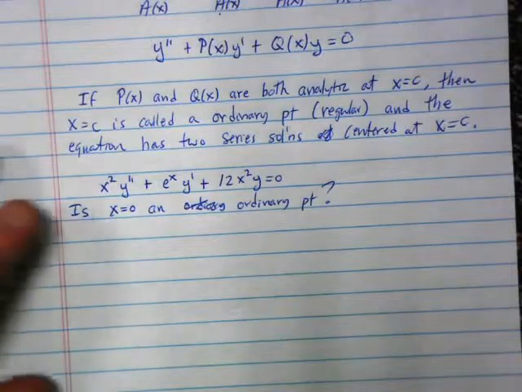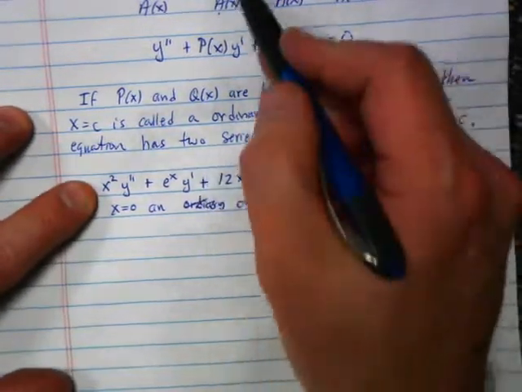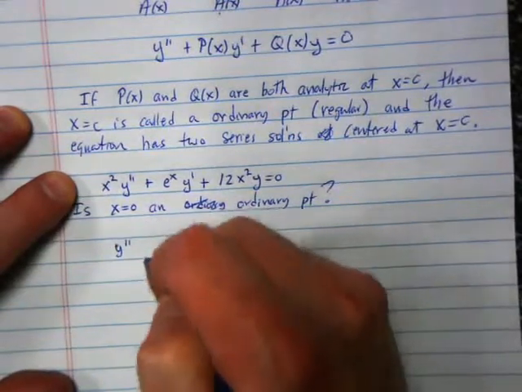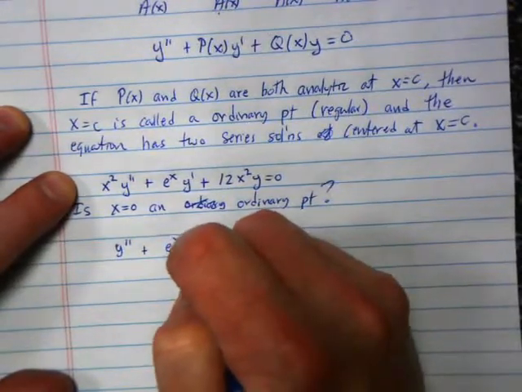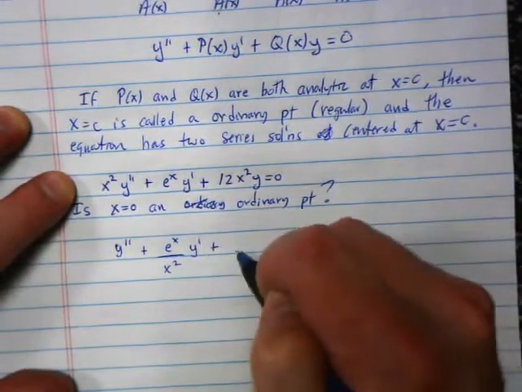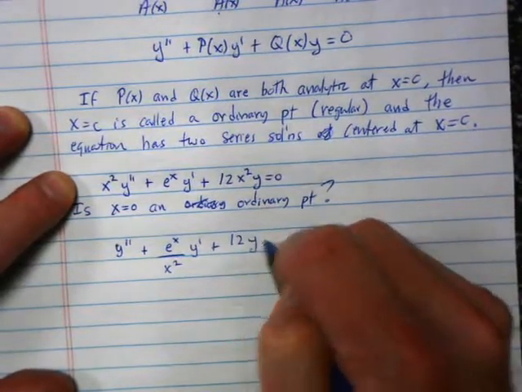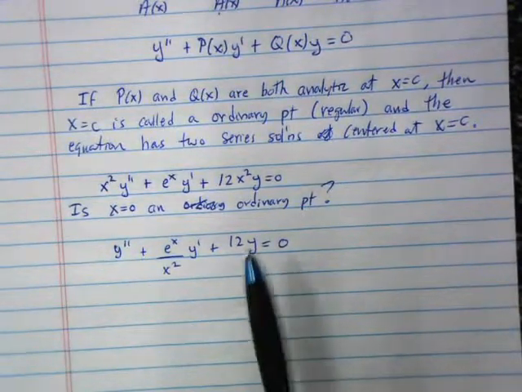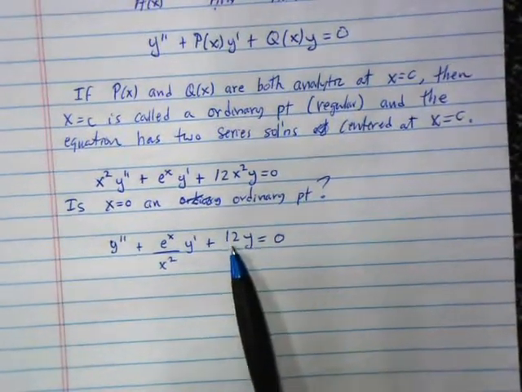All right, well, I'm going to divide by x squared, because we typically write it in that form. So that's going to give me y double prime plus e to the x over x squared y prime plus 12y equals 0. My q of x is the function 12.